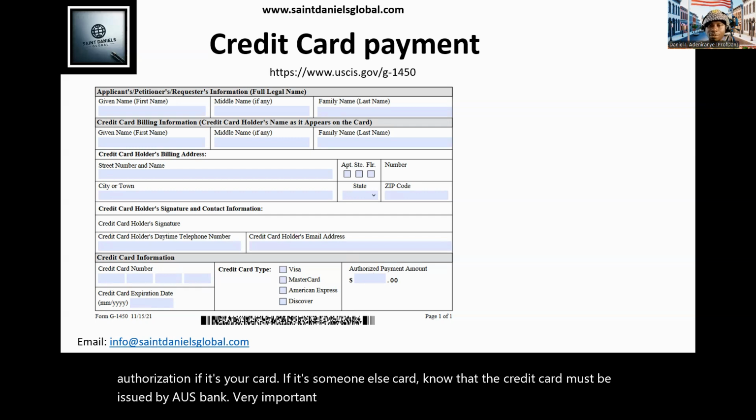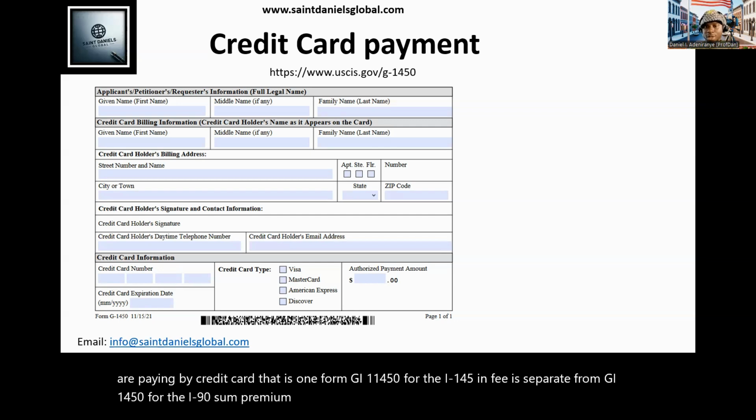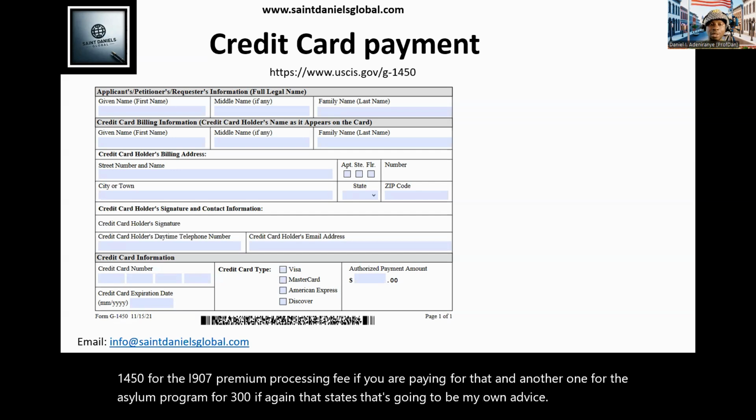And my advice, use one form G-1450 for each fee if you are paying by credit card. That is one form G-1450 for the I-140 filing fee, is separate from G-1450 for the I-907 premium processing fee if you are paying for that, and another one for the Asylum program fee 300, again, that's going to be my own advice. So I hope that clears the air and answer our questions.